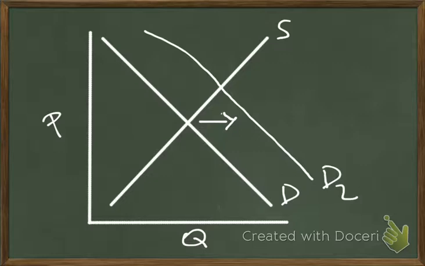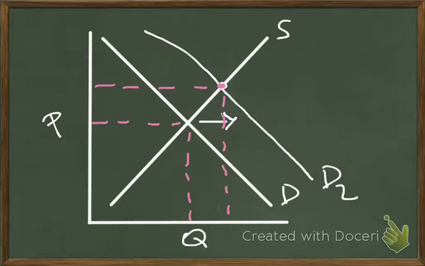If that's the case, we now have a new equilibrium point. Let me change the color here so you can see that, which creates a change in the price and quantity demanded.